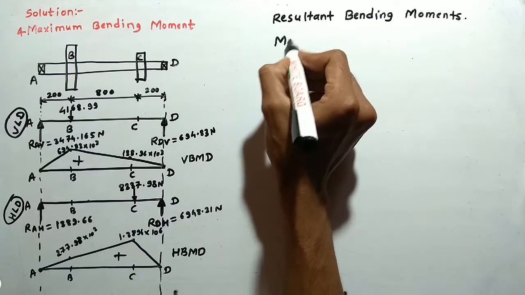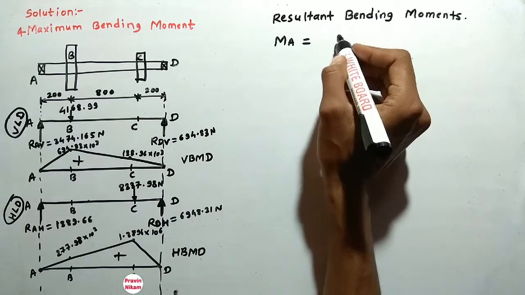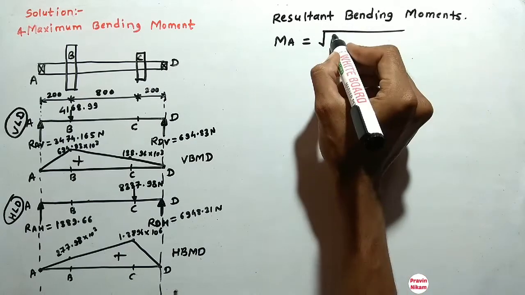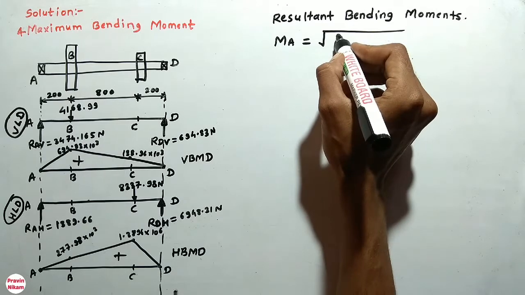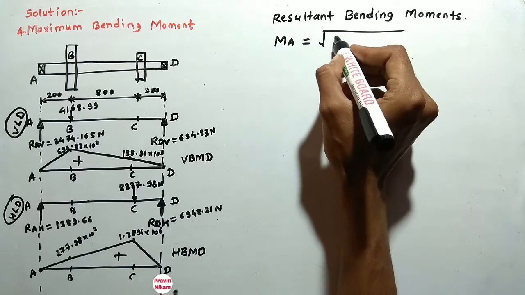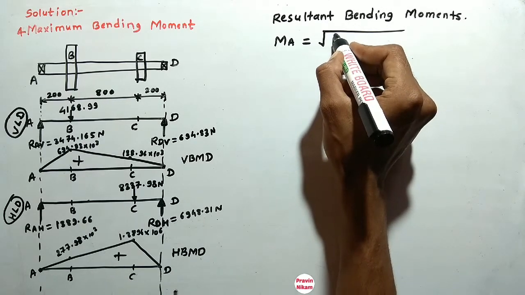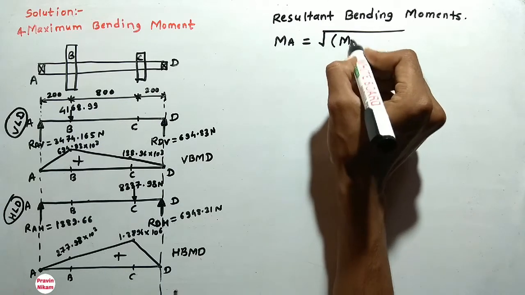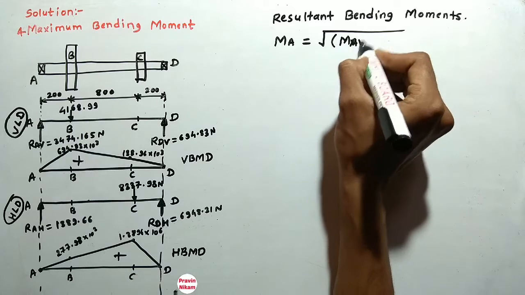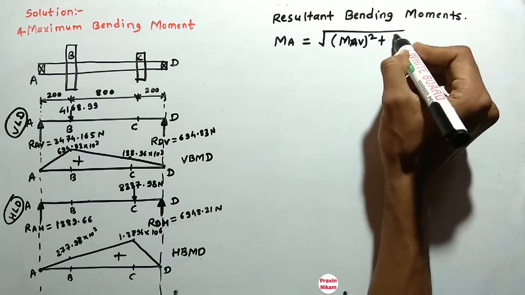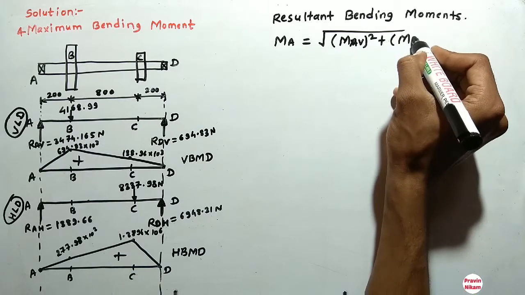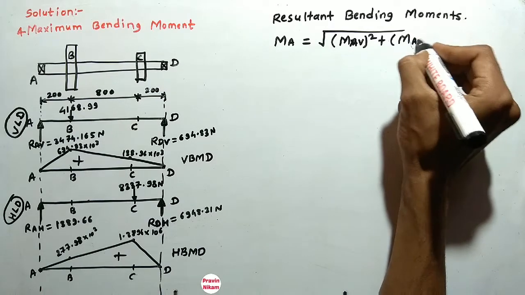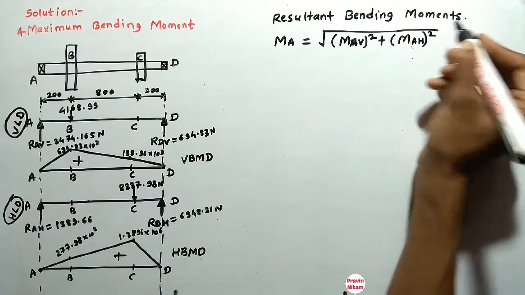So at point A, the resultant bending moment MA is equal to root of MAV square plus MAH square.